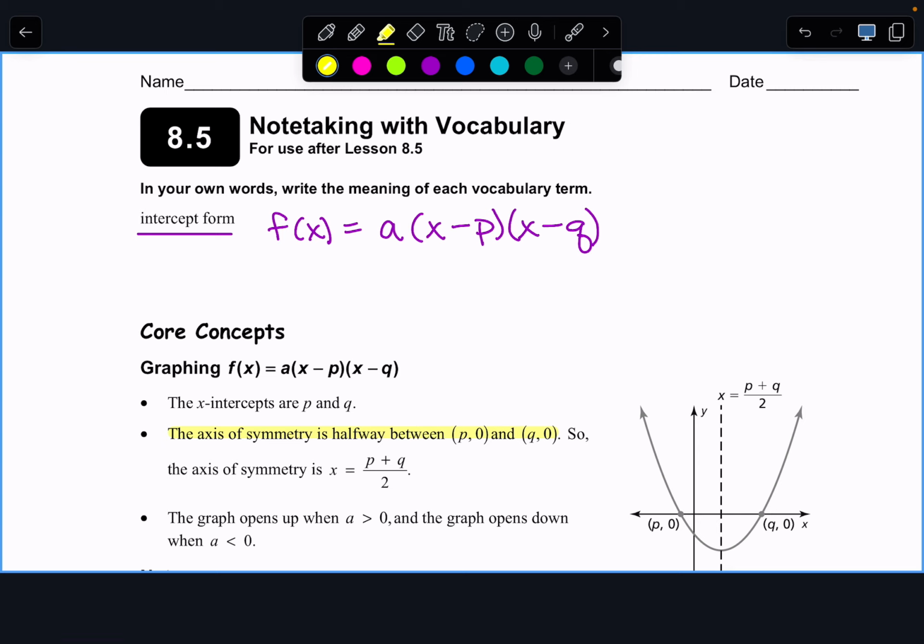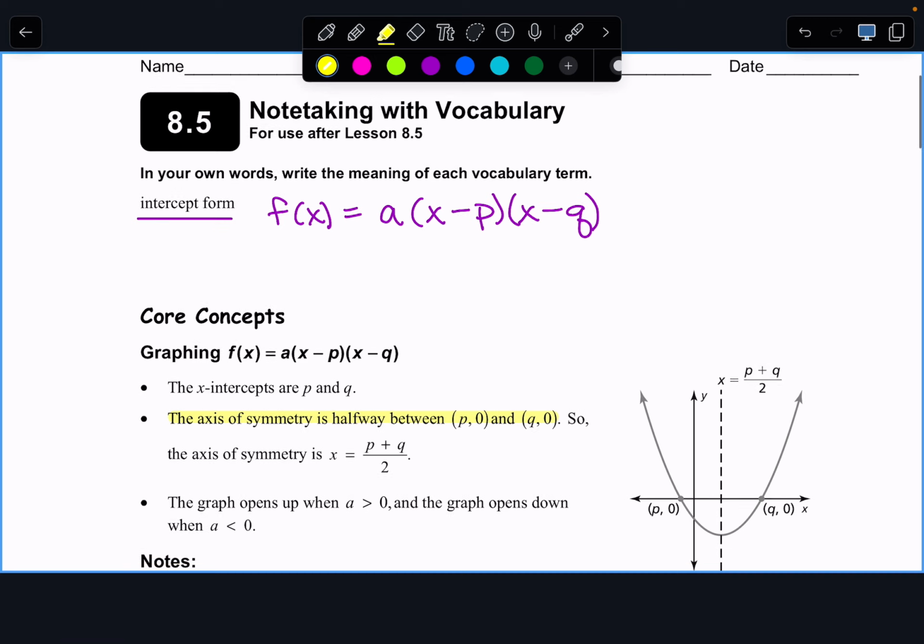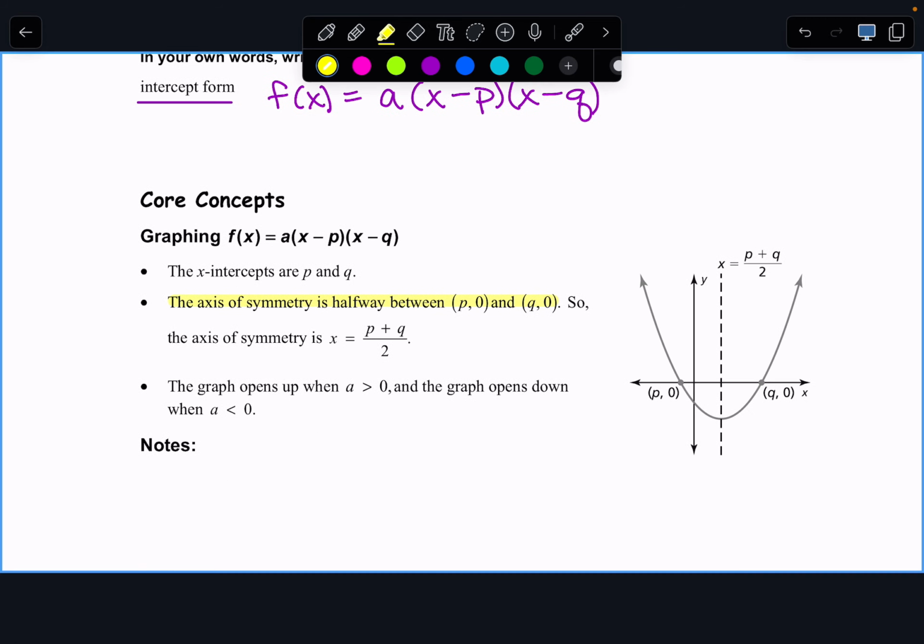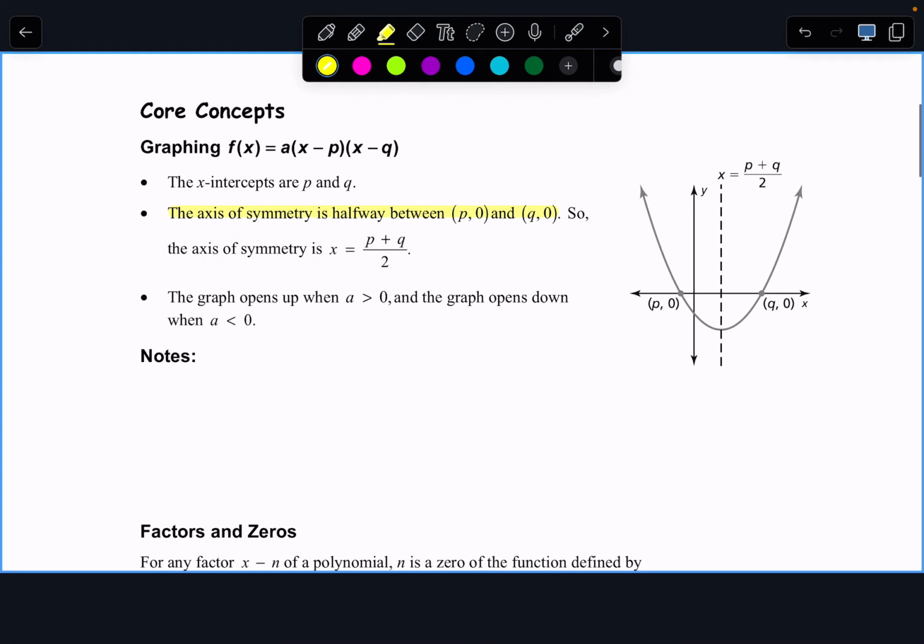Honestly, this might be one of the quicker ways to graph, because getting the points is pretty straightforward. You don't have to do a lot of plugging in.